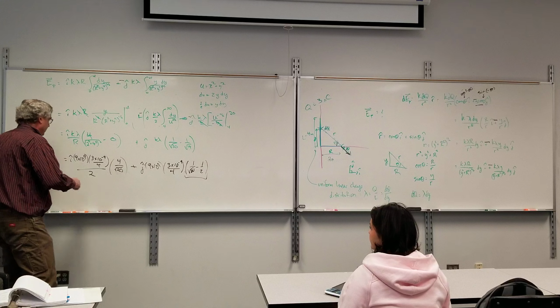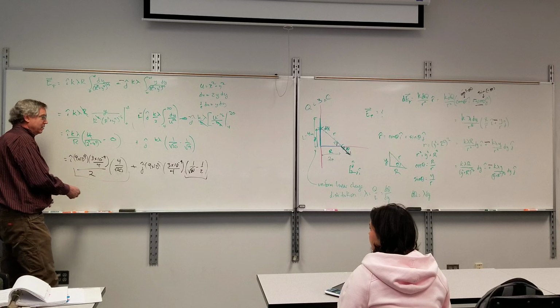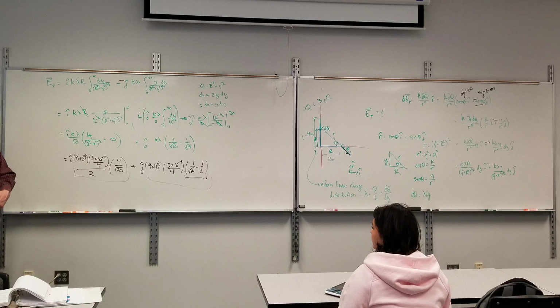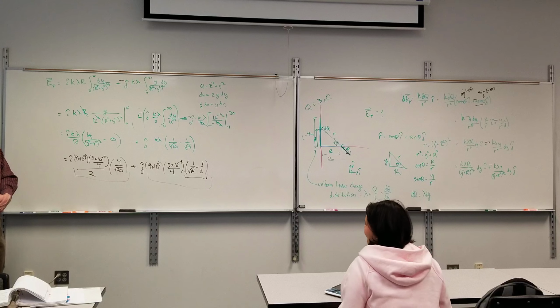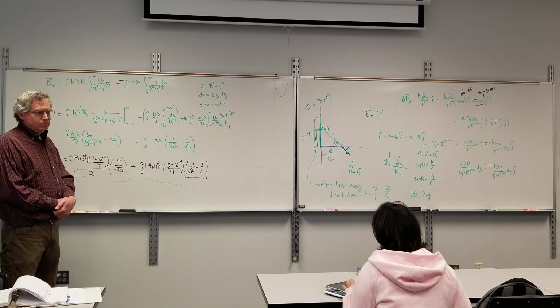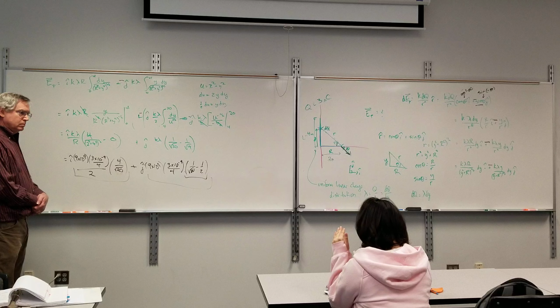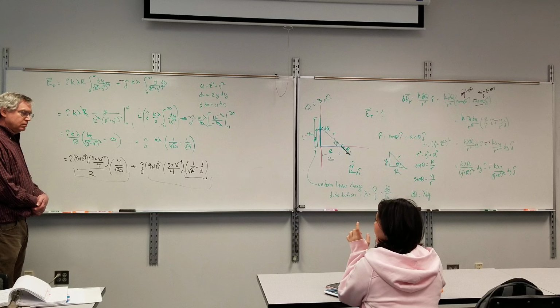Yeah, it would be whatever that is I hat plus whatever that is J hat. So you would put it in newtons per coulomb, and then the I hat.